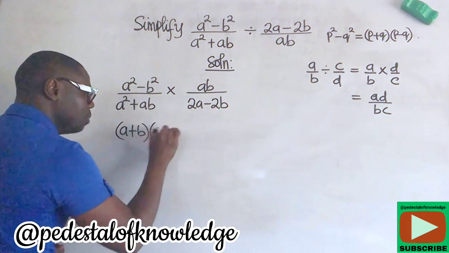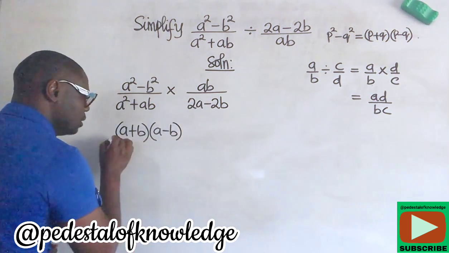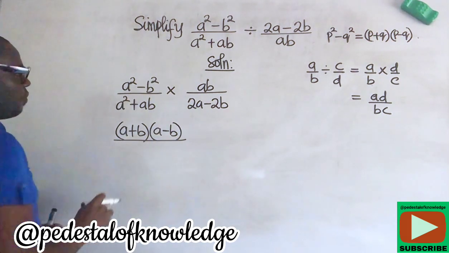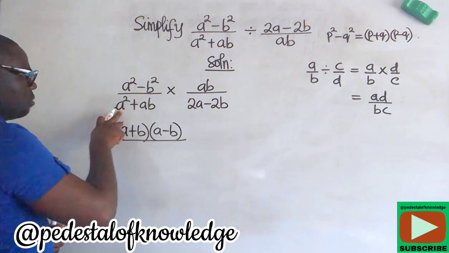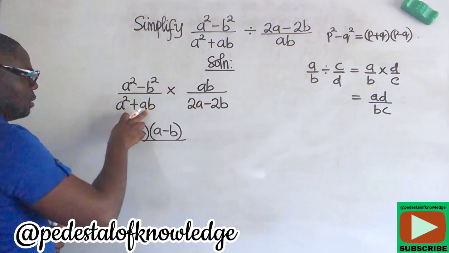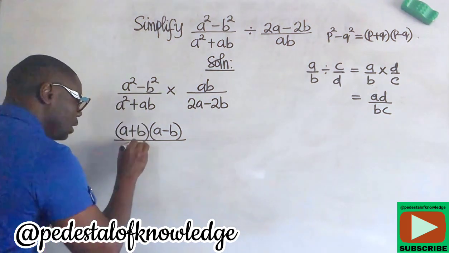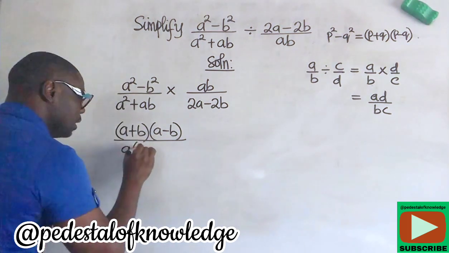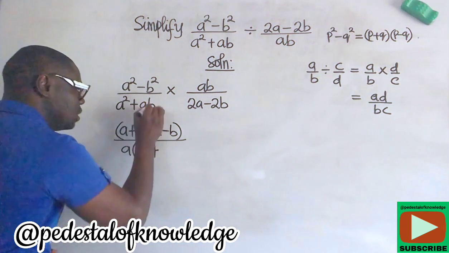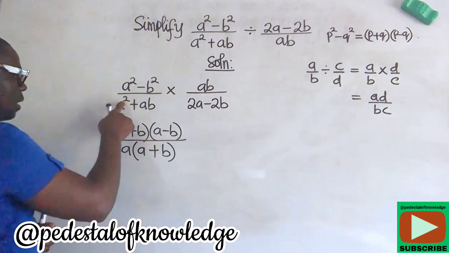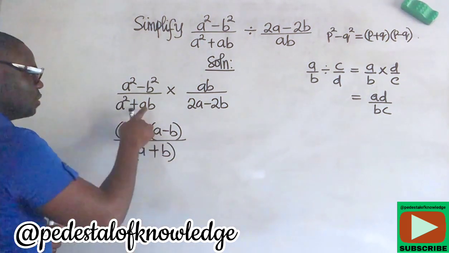multiplied by a minus b, then divided by, now here we're going to factor out a because a is common here and here. So we factor out the common term. So we have a into what remains here, which is a plus what remains here, which is b, because a times a will give us a squared and a times b will give us ab.